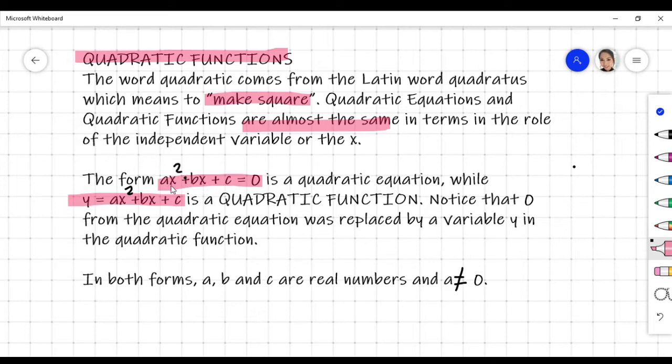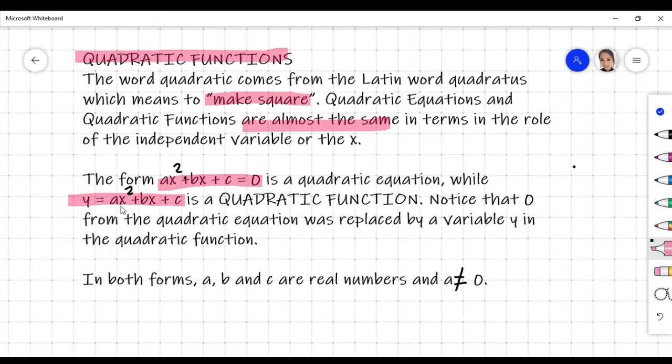So this side here, ax squared plus bx plus c, is the same with the right side of our quadratic function. So the rules of the x is the same with the quadratic equation and quadratic function, which is x is our independent variable. Now here in the quadratic equation, we don't have the value of y, while in the quadratic function, the 0 here becomes y.